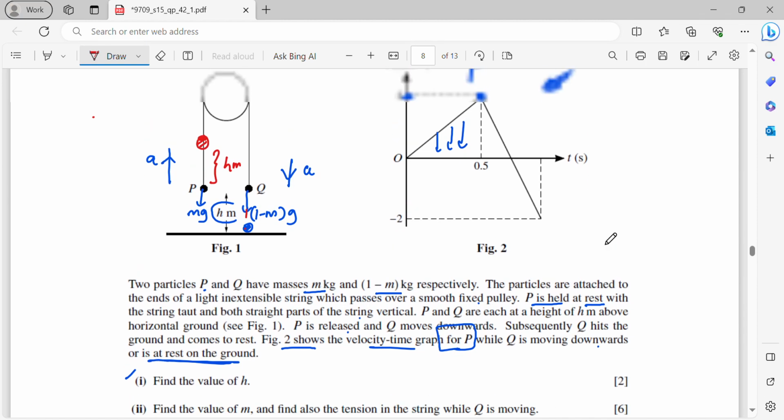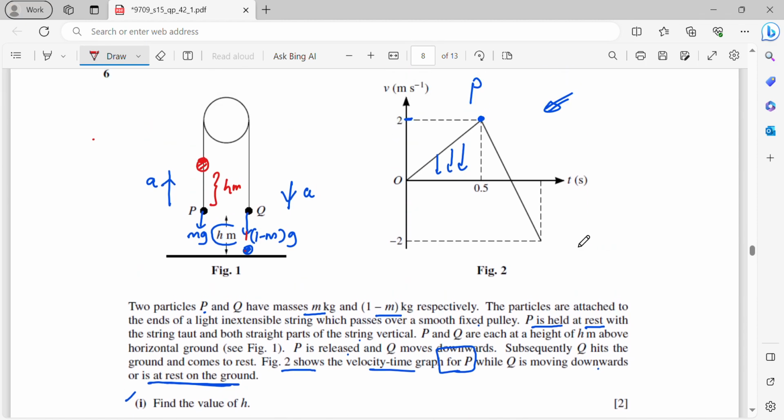So to get h, which is the distance, I will just use the area under the curve here.